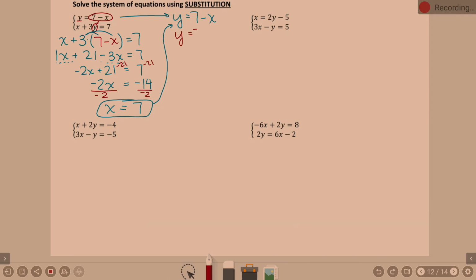So y equals 7 minus, what's x? 7. What is 7 minus 7? 0. So we know y is 0. Final answer?